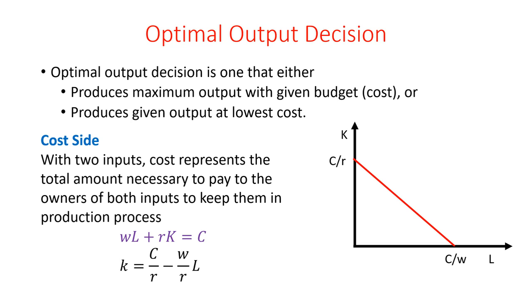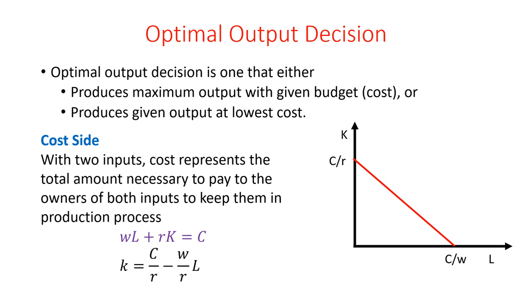Here, the wage rate is W and the capital's interest rate is represented by R. Solving it for capital, that is for the y-axis variable, we have, graphically we can represent it with the help of the iso-cost curve.